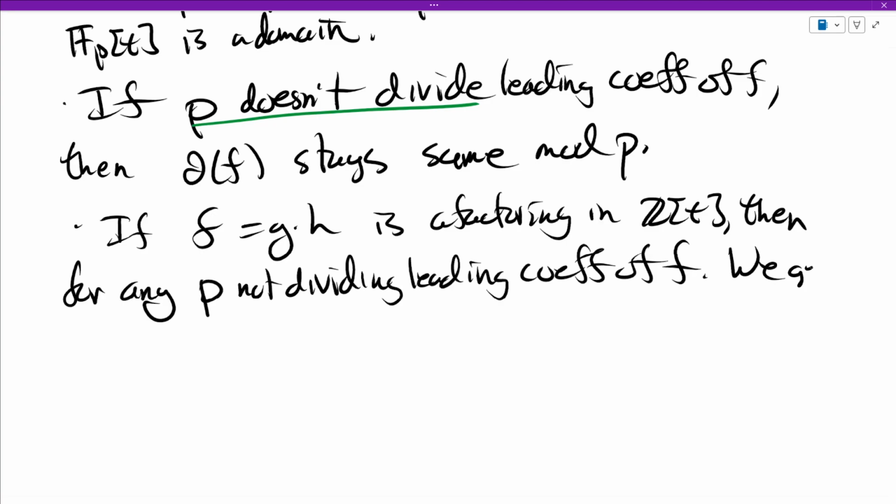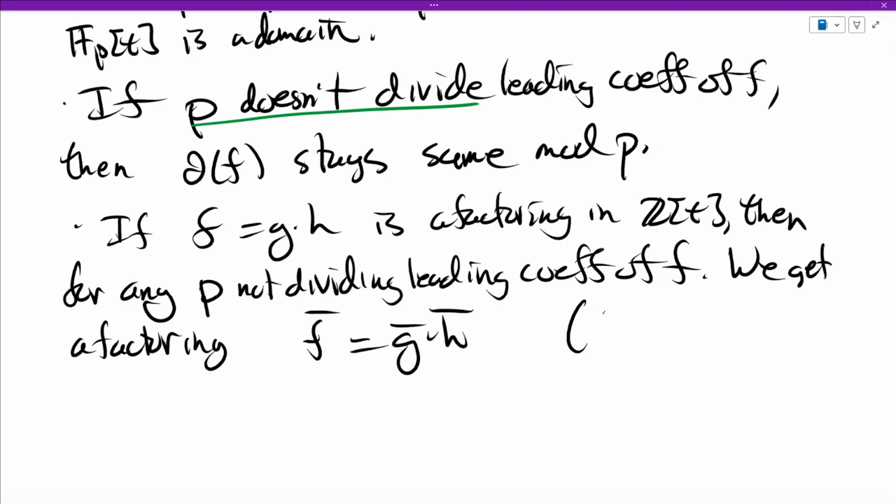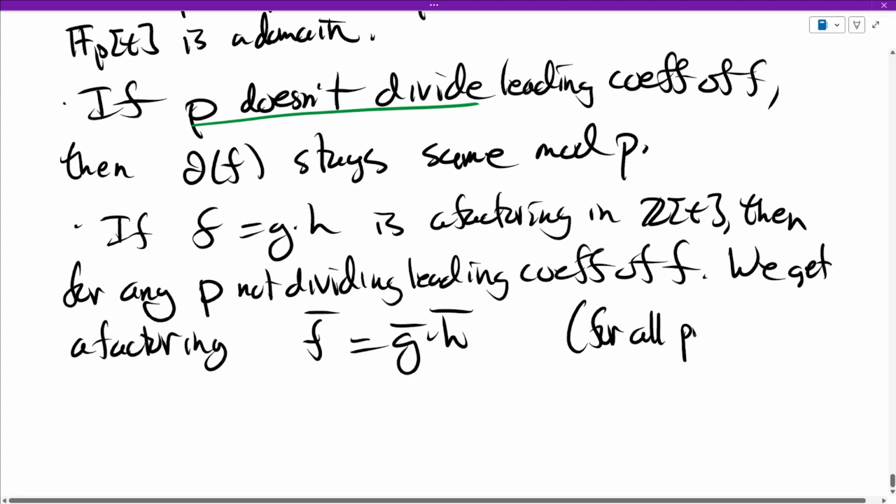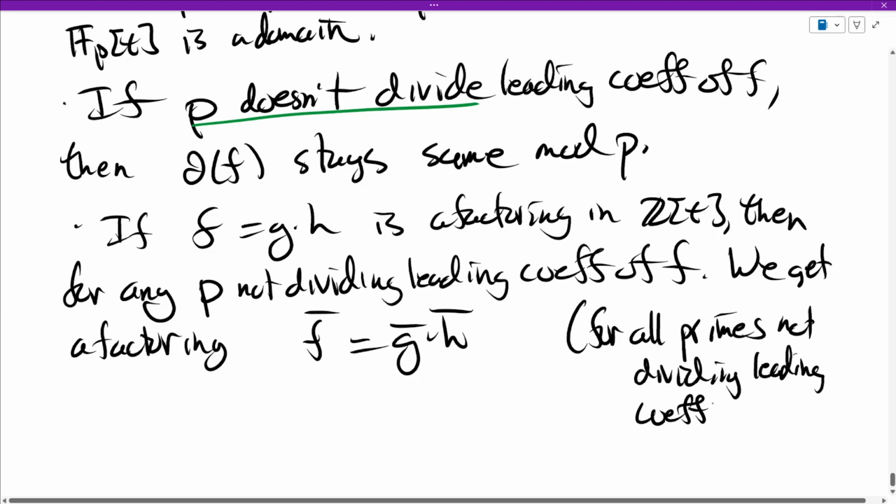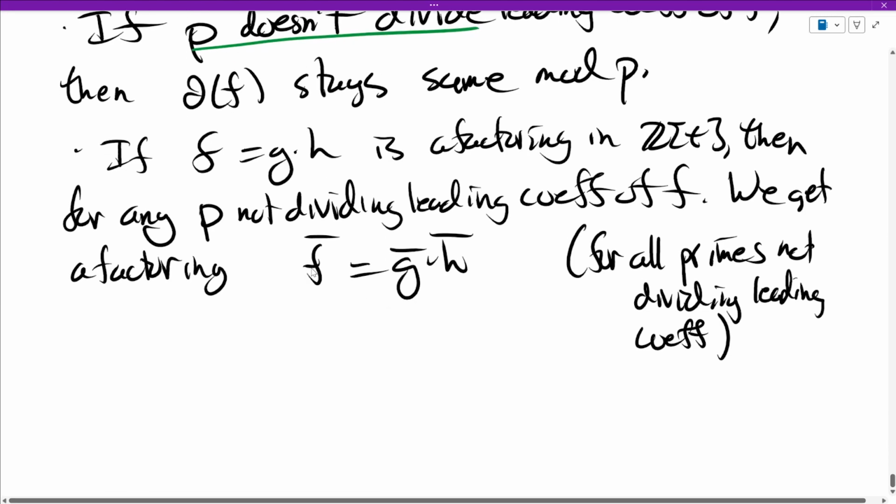We get a factoring of the reduction modulo P of this guy. And this is true for all primes not dividing, of course, the leading coefficient. You will always have that happening. So if you were reducible, you are therefore also reducible mod P for any prime not dividing the leading coefficient.